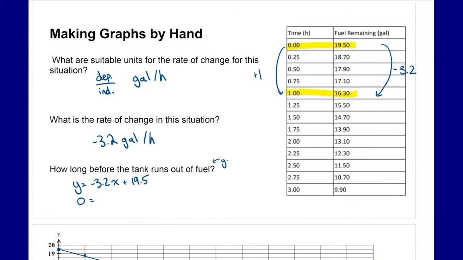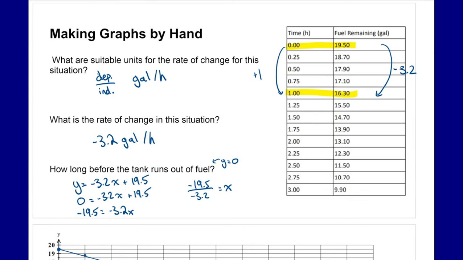That means the y value equals 0, and we're trying to find the x value, or the independent variable. So negative 3.2x plus 19.5 equals 0. We move it over: negative 19.5 equals negative 3.2x. This is essentially 19.5 divided by negative 3.2, which will give me an x value, which we did at the beginning.